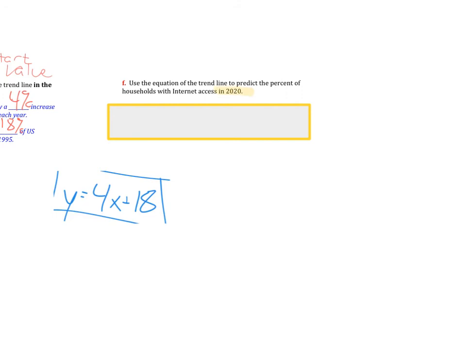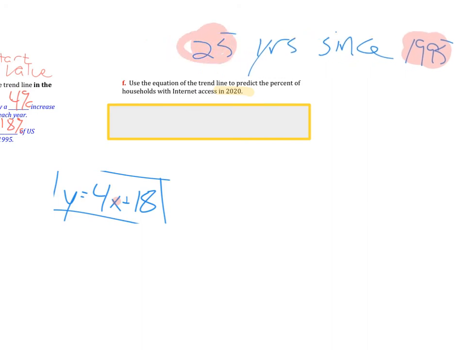Well, the year 2020, that would be 25 years since our starting year of 1995. So I'm not going to plug in 2020. I'm going to plug in 1995. Or sorry, what am I saying? I'm going to plug in 25. There it is. For x.